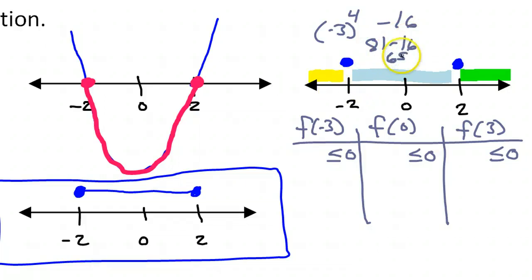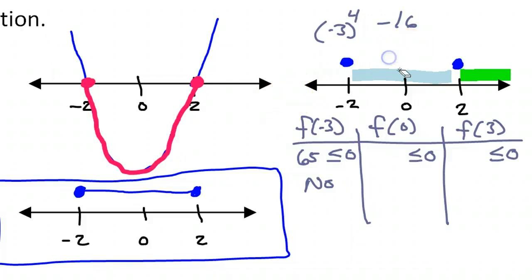So that is 65. So we can immediately go, okay, 65, is that less than or equal to 0? No, it's not. And that tells us that the yellow values are not solutions to the inequality.